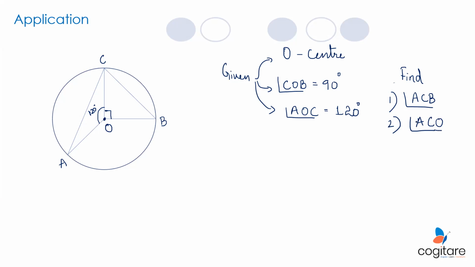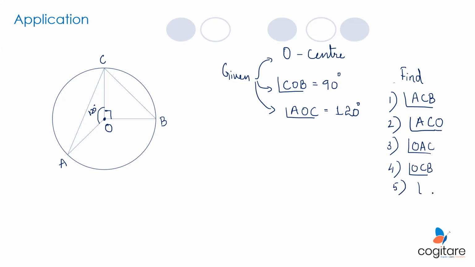Okay, we can find many angles here. Why don't we do that? Why don't we write down all the missing angles? Why don't we find angle OAC? Why don't we find angle OCB?